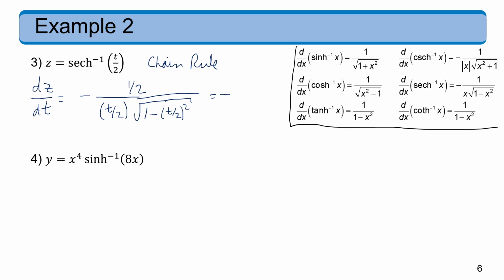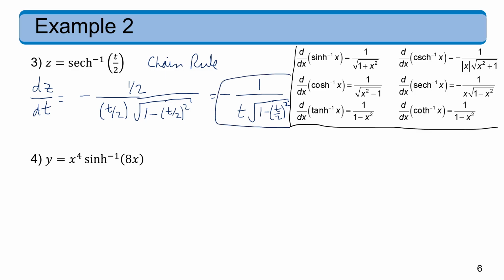So negative, and then our numerator is now 1, and then in the denominator, we just have t, we got rid of the over 2, and then the rest could stay the same. Okay, and that finishes number 3.